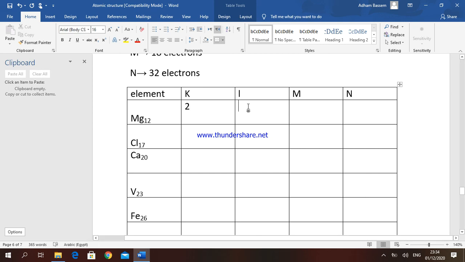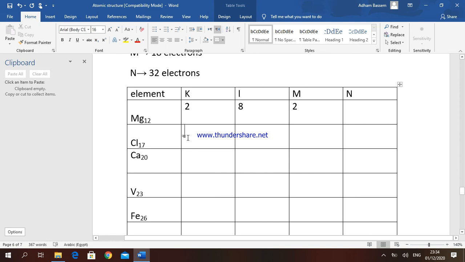L is saturated with 8, so the remaining electrons are 2. So M carries 2 electrons. The M level is not completely filled with electrons. So the magnesium atom is an active atom, which can take part in a chemical reaction to lose 2 electrons and change into a stable ion, a positive ion.